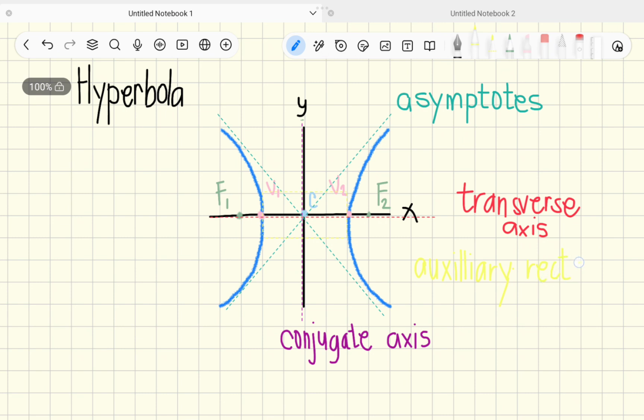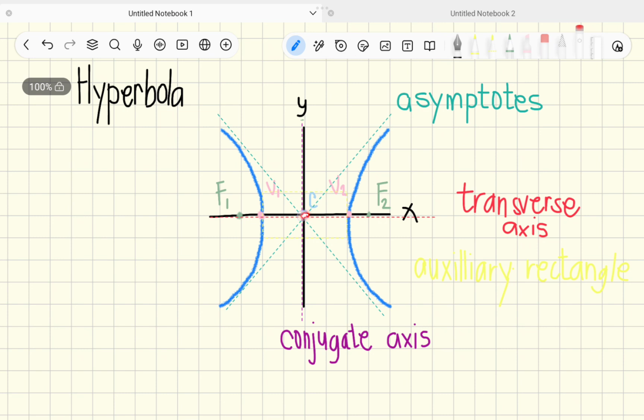Alright, it's quite overwhelming, but just keep in mind that the important ones are the following. We have your curve, the hyperbola comes in pair.